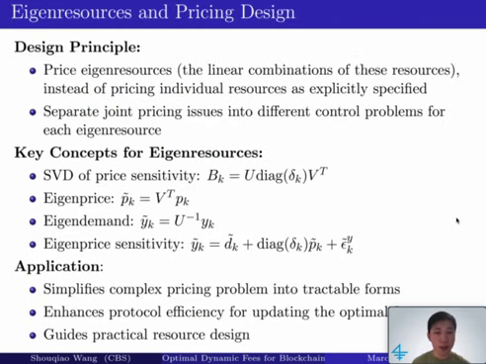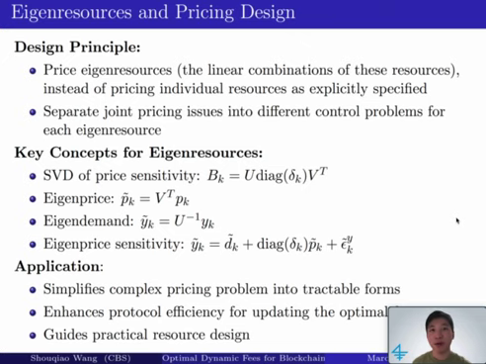And in this paper, we also argue for a simpler way to price the transaction fees. Under the eigenresource framework, we can separate the n-dimensional joint pricing issue into n one-dimensional pricing issues.